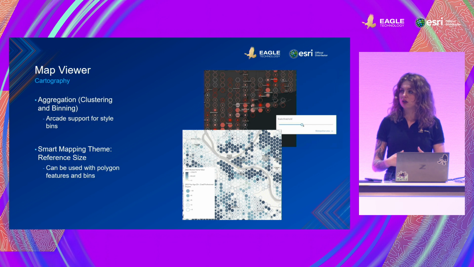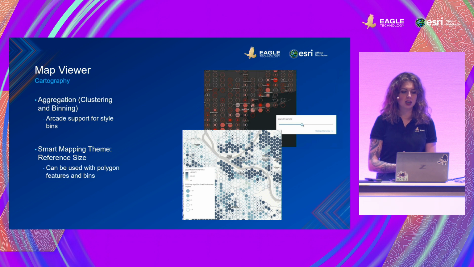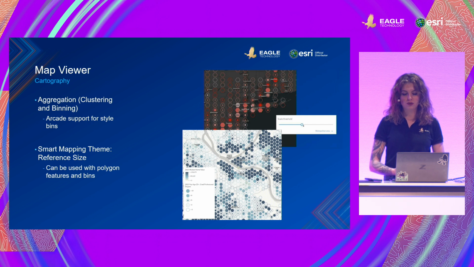Now you can use Arcade to help support those bins and make sure that you're using a customized expression to organize that information. And when it comes to smart mapping themes, we can now use reference size. That allows us to visualize values in relation to another using a bounding outline for reference. And this can be used with polygon features and bins.